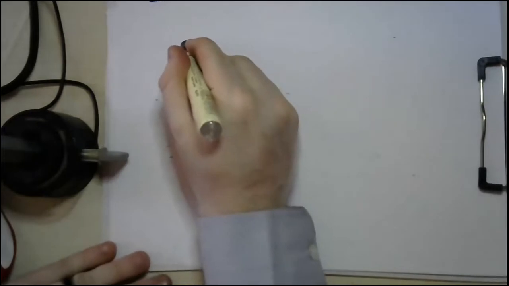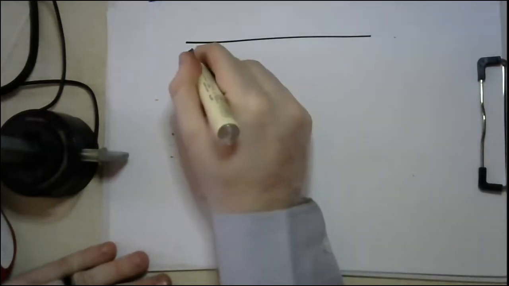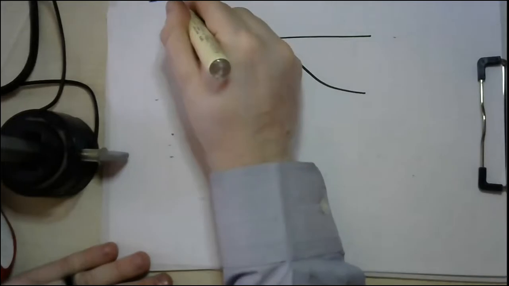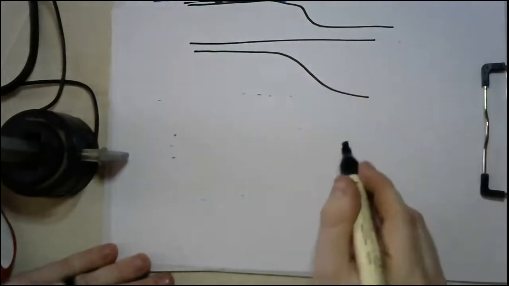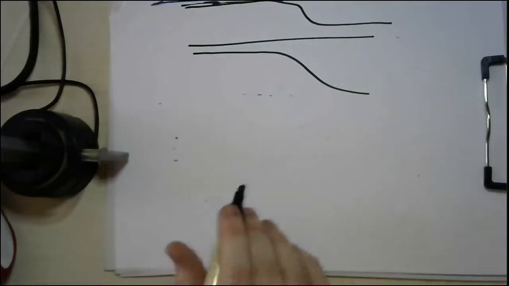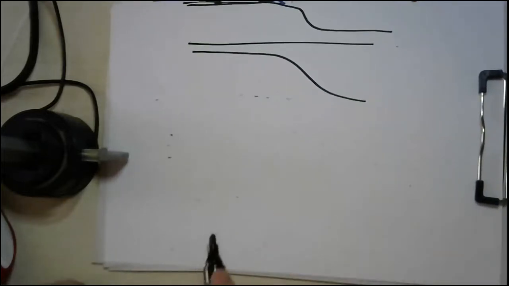Okay, so let's start with the standard case, the thermodynamic equilibrium case. This is our Fermi level, so this is our energy band. Now I'm going to plot.